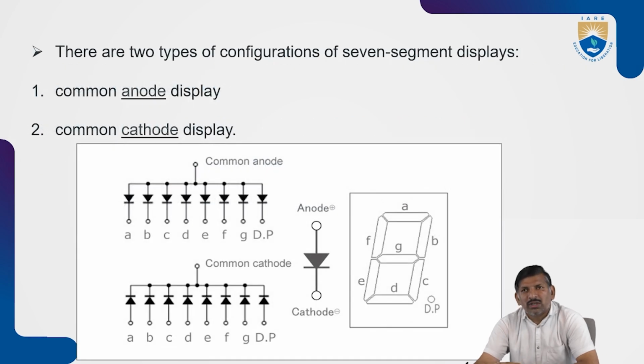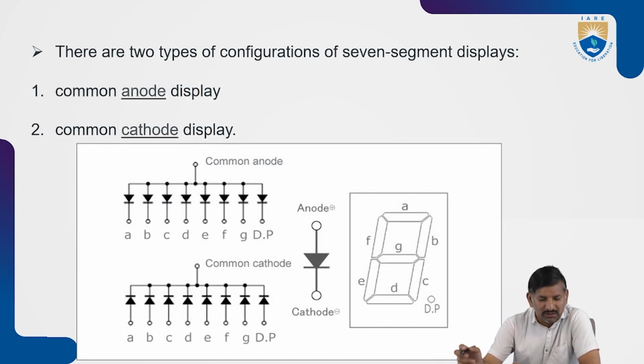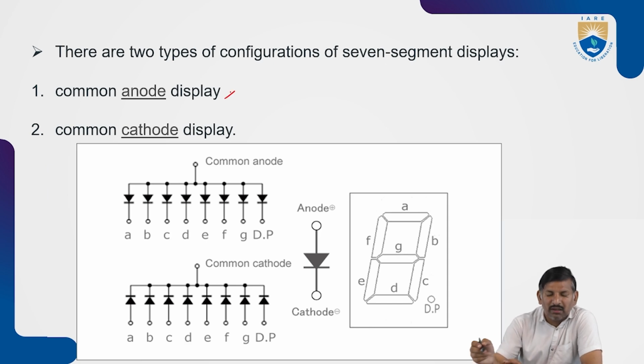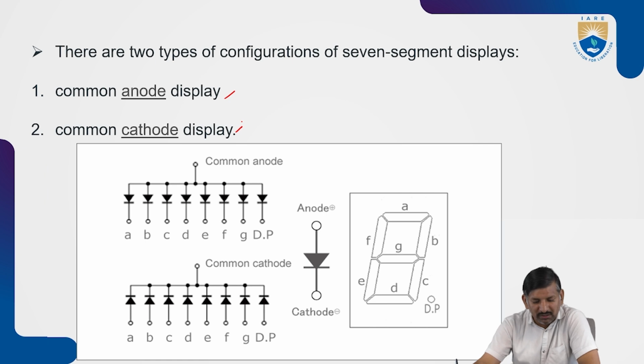There are two types of configurations: common anode display and common cathode display. Common anode means all anodes of the individual diodes are connected together, and common cathode means all cathodes are connected together.